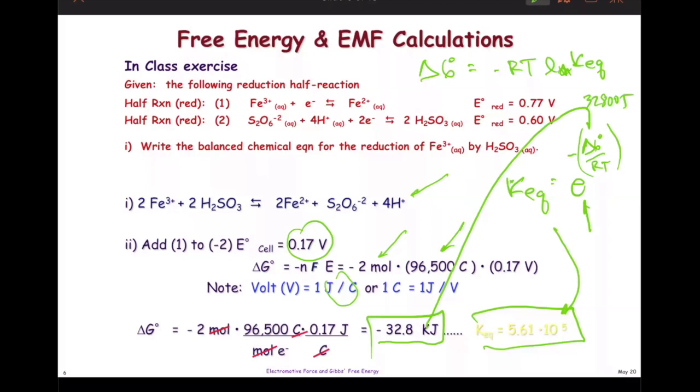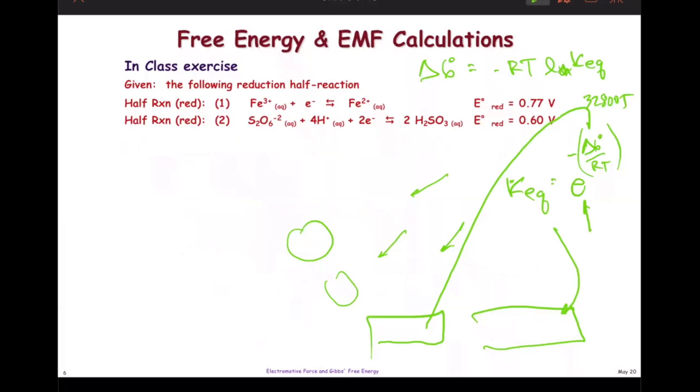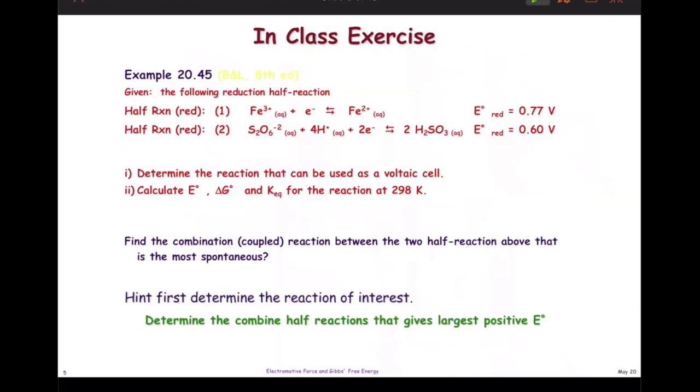Why did I add 1 and 2 instead of subtracting E? Which slide are you referring to? Let me go back. What I did was I actually reversed 2, and then I added it.